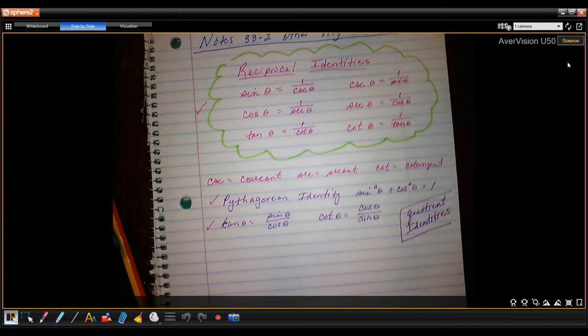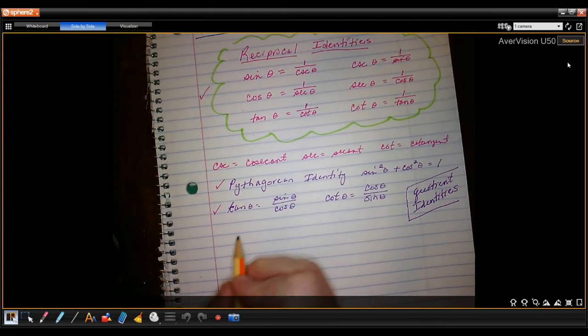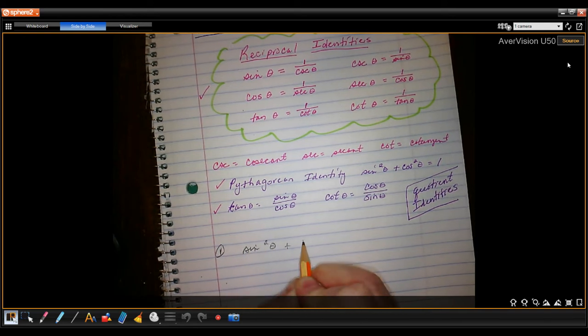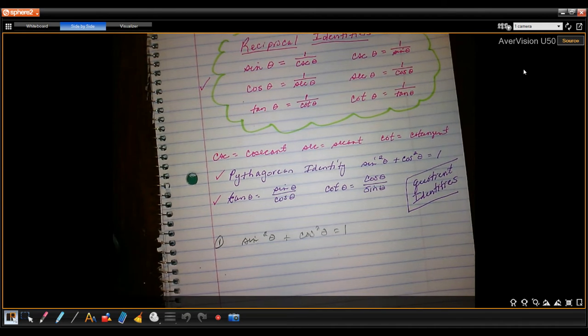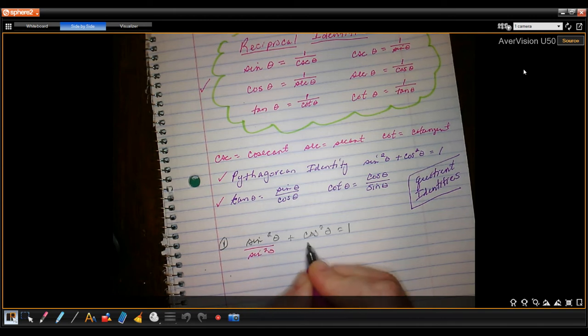Now we can manipulate the Pythagorean identity to create new identities. Number 1, sine squared theta plus cosine squared theta equals 1. Let's divide everything by sine squared theta.